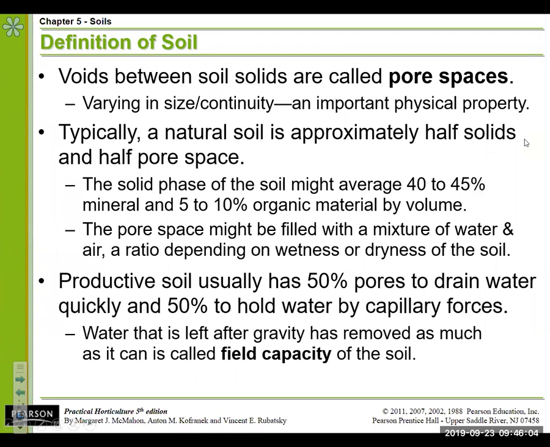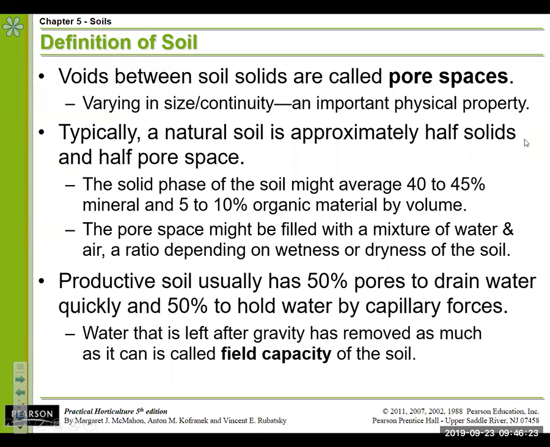And ideally, we want a good mix of large pores and small pores. We call them macro pores and micro pores. Generally, the macro pores are better at holding air and draining that water out, whereas the micro pores are holding water more long term.